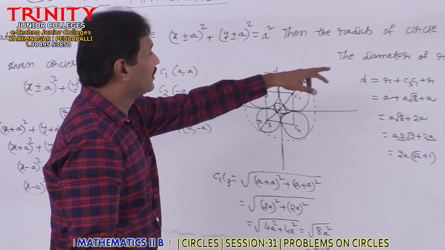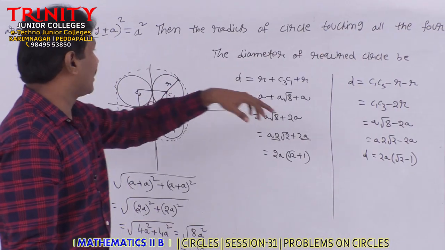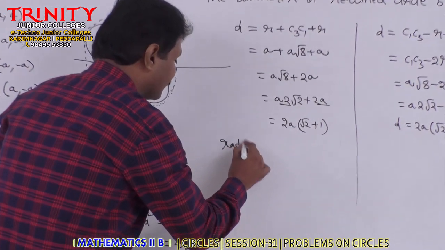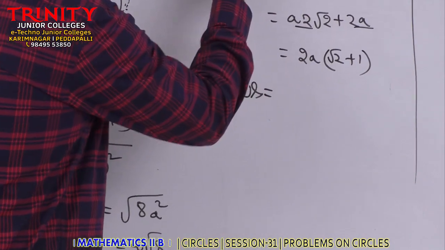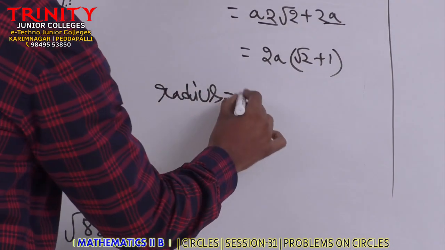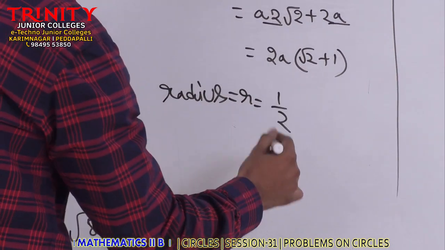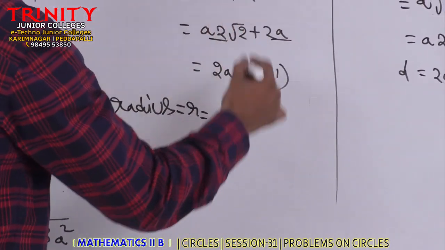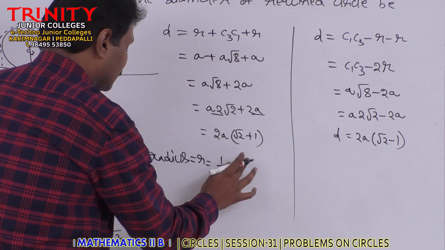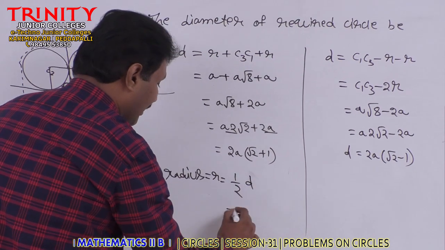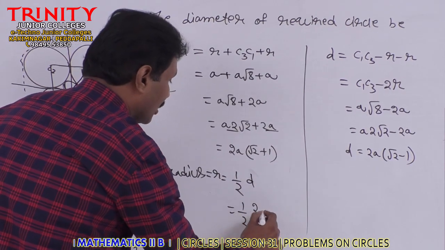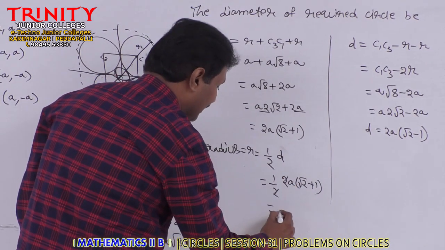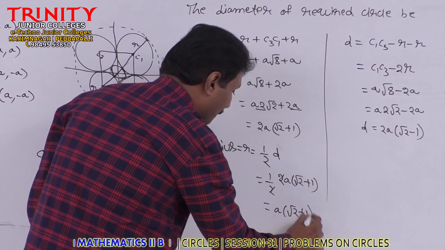Actually, we need the radius of the circle touching all the 4 circles. The radius of the required circle is, in this case, D is the length of the diameter. Radius R equals 1 by 2 into the length of the diameter D, that equals 1 by 2 into 2a into (root 2 plus 1). 2 cancels, that equals a into (root 2 plus 1).